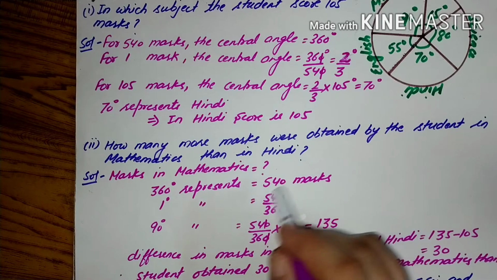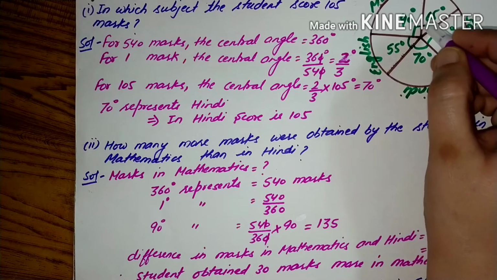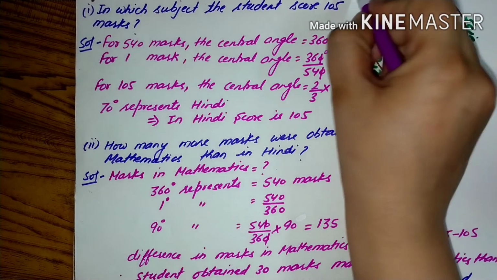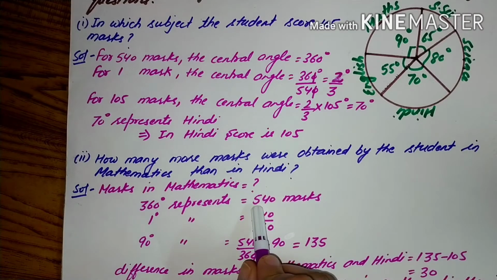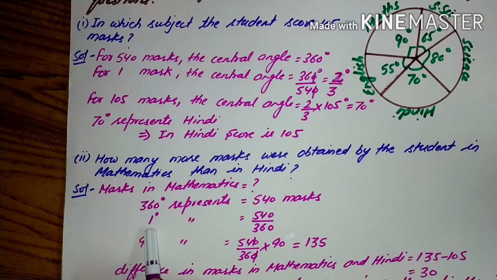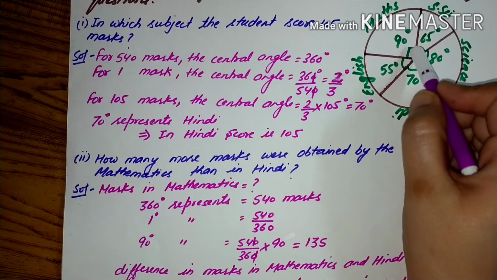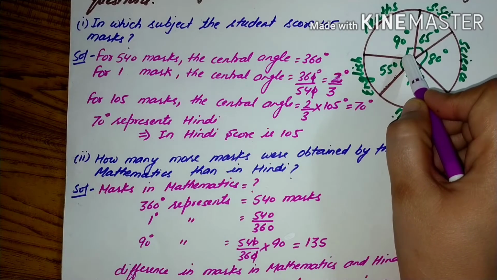So again you can observe that this whole 360 degree is representing how much marks? That 540. So 1 degree will represent 540 upon 360 marks. 90 degree represents 540 upon 360 into 90 marks is equals to, that is 135, because in mathematics the central angle shown here is 90 degree.